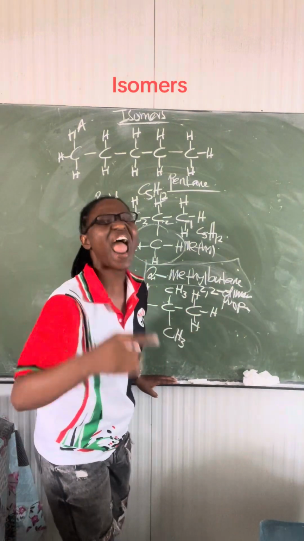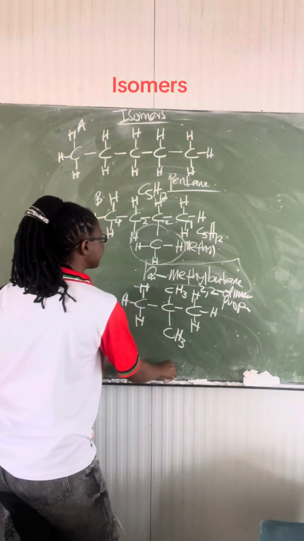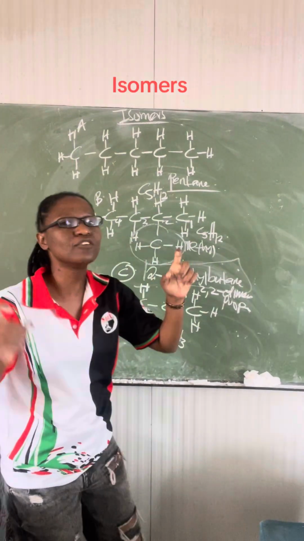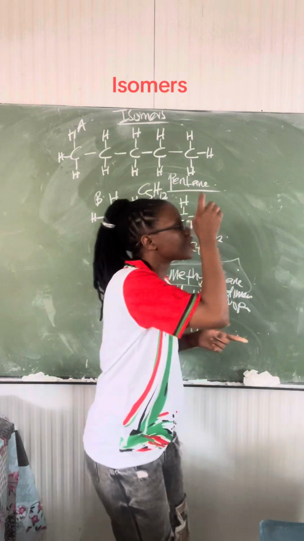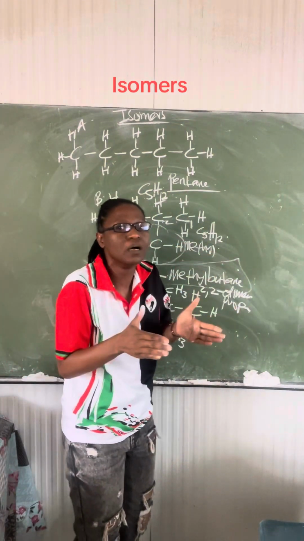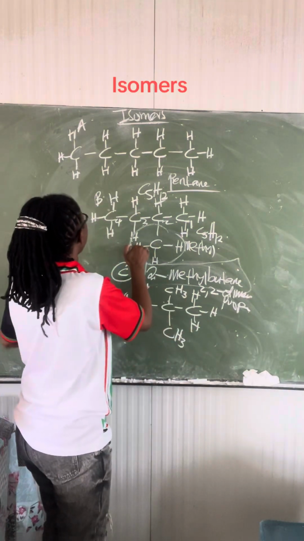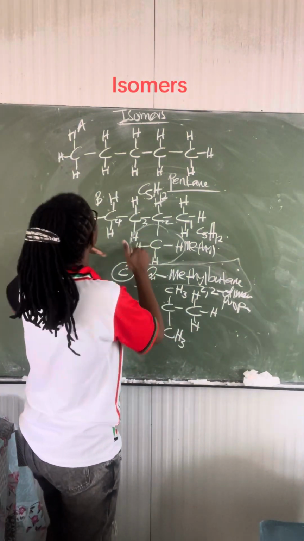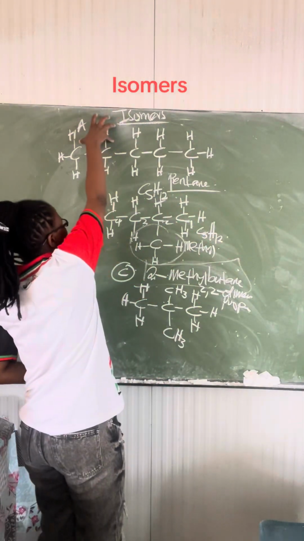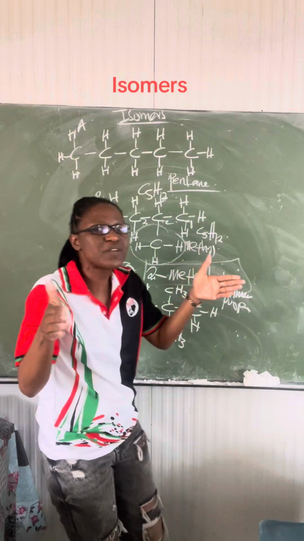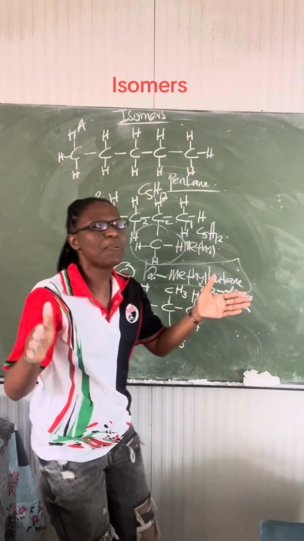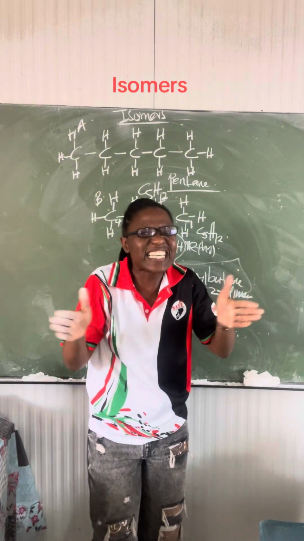So now we can see compounds A, B, C are chain isomers, because compound C is more branched than compound B, and C than B and A. Meaning as we move from compound A to C, the surface area decreases, or the chain length becomes shorter.